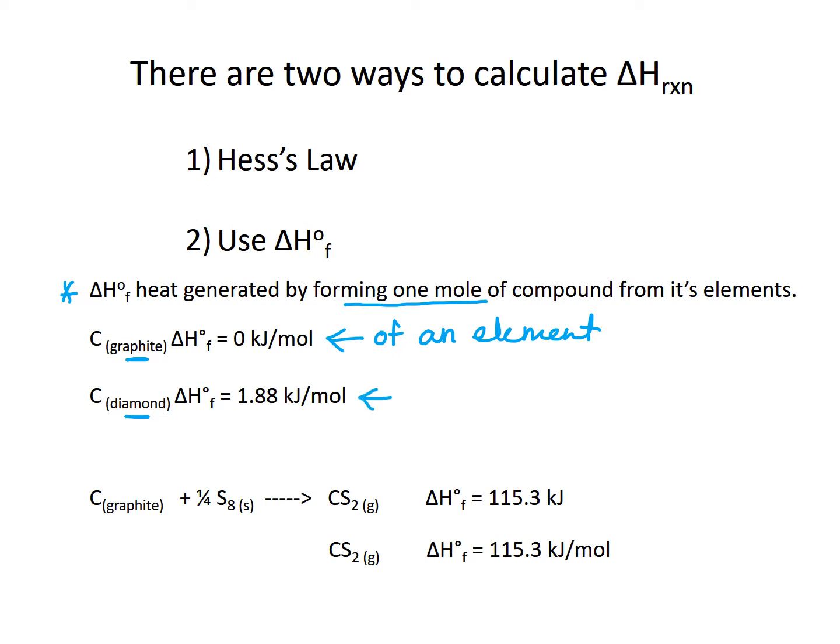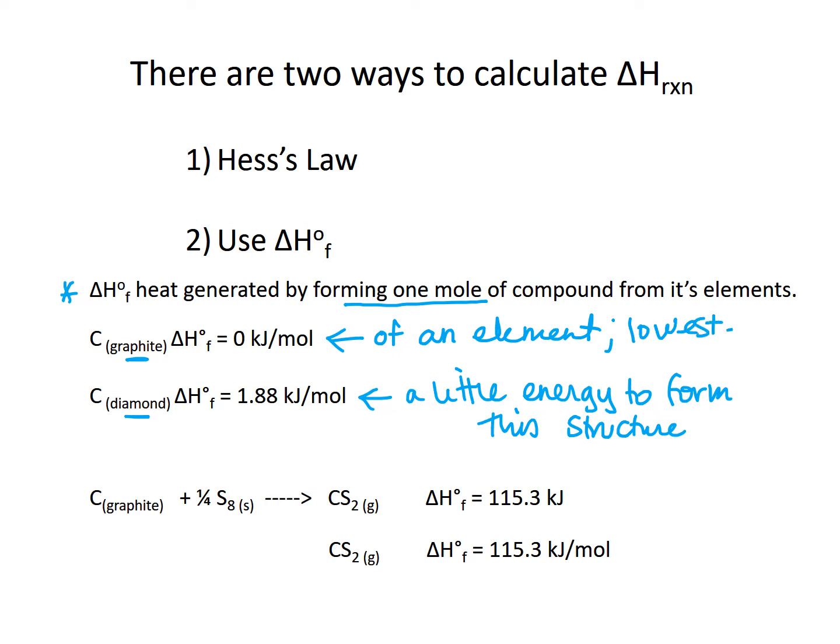So carbon as a diamond takes a little bit more energy to form. So carbon as the graphite is the lowest energy form. And so we talk about this as 0. It's kind of like our baseline, okay? And then to reorder and form that diamond, it takes a little bit more energy, okay?